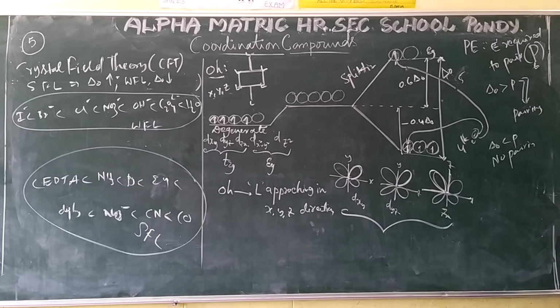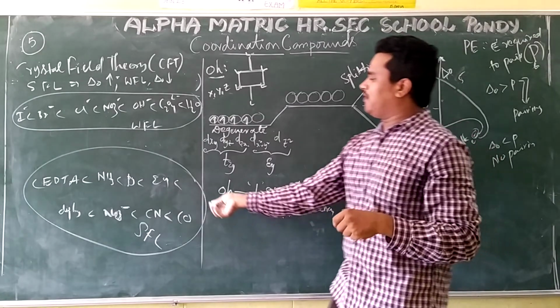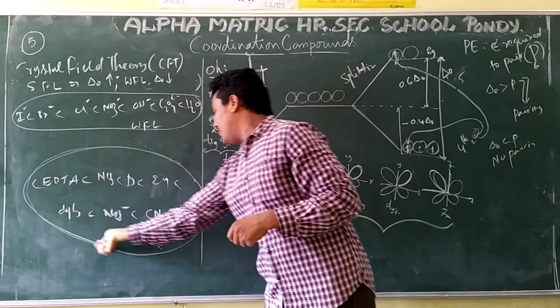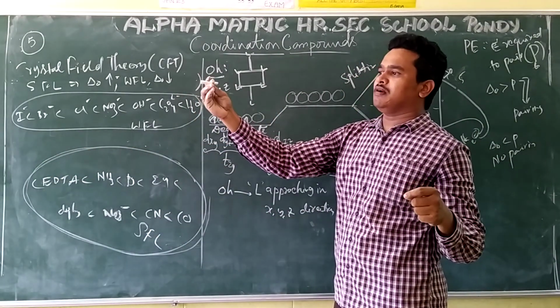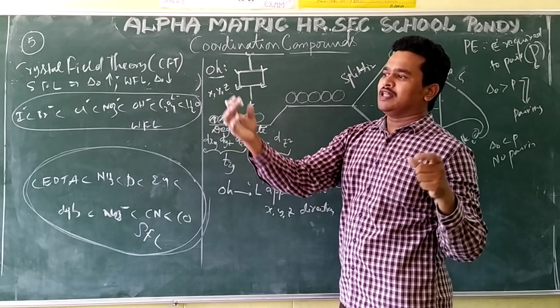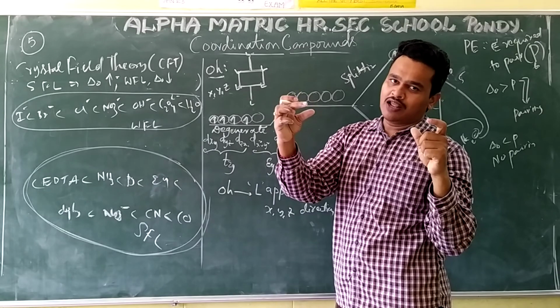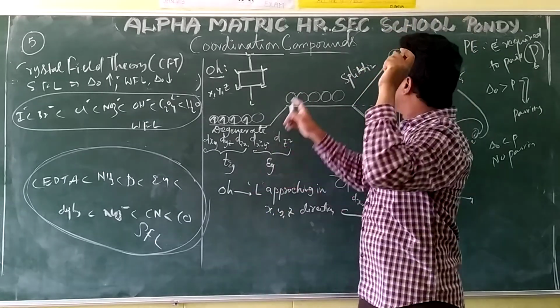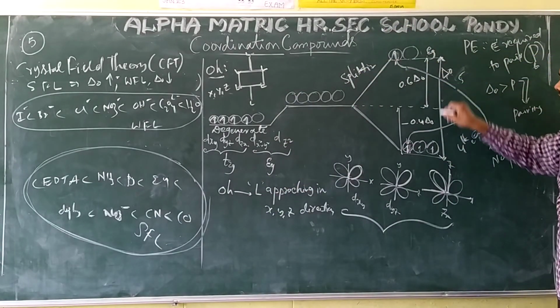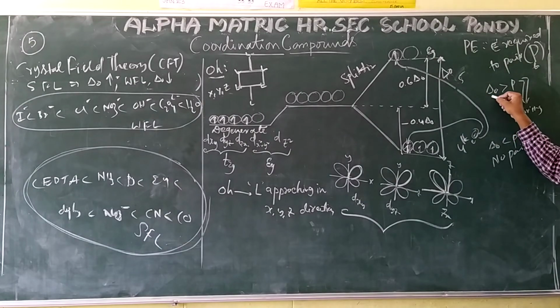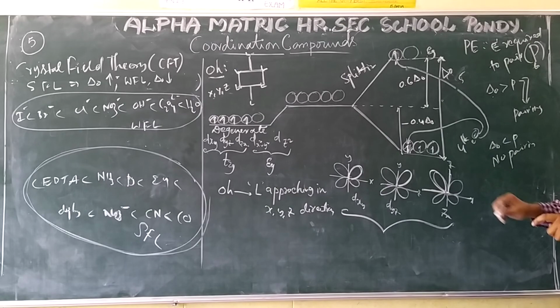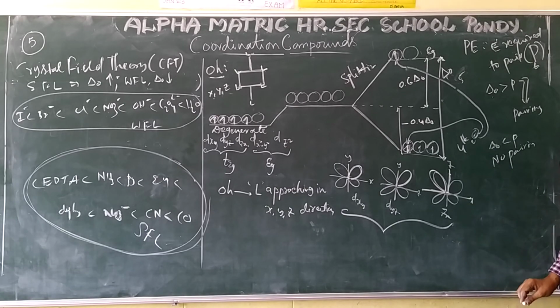But generally, whenever strong field ligands are there, when they come very near to the metal, there is a strong repulsion between the metal electron and the ligand electron. At that time the splitting will be more, energy is more, delta naught is more, so generally pairing is going to occur. This is what crystal field stabilization energy is.